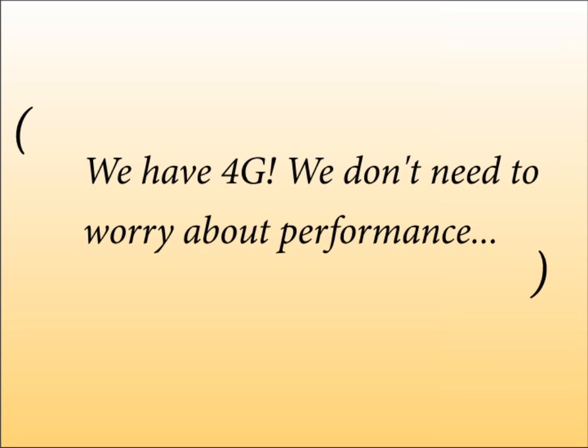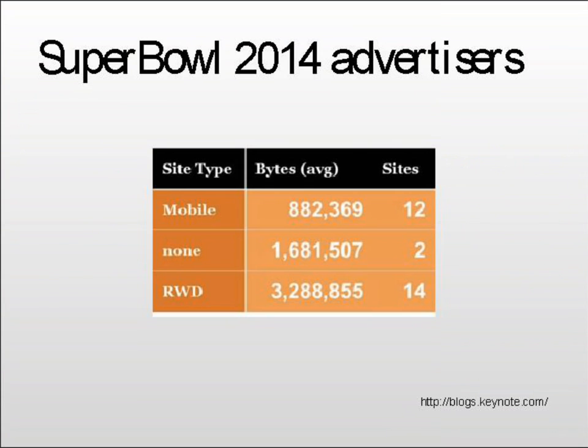So let me show you some data from Keynote. Keynote is a company doing some performance software. They have a blog, and they blogged about the last Super Bowl advertisers. They checked and measured their websites in terms of performance.